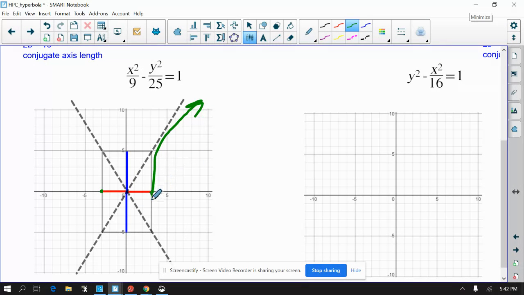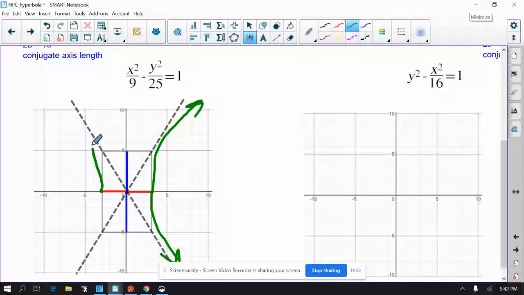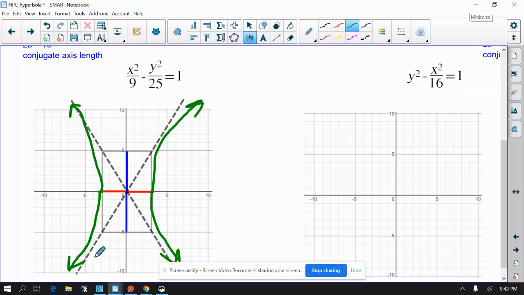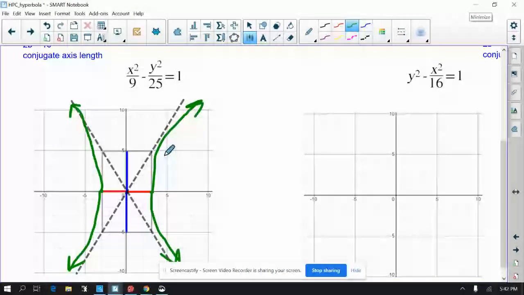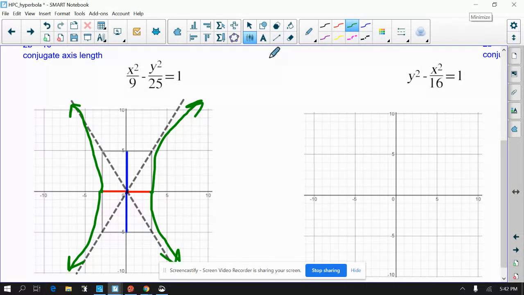And then up and down, using the box and the asymptotes to guide you. And then over here, start with this vertex, curve up, don't cross the asymptote like I did, and then curve down. So this is terrible because drawing with my mouse is difficult. But freehanding it with a pencil and paper should be much better. So you start with your vertex, and you just sketch both sides of your hyperbola, letting the asymptotes guide you.